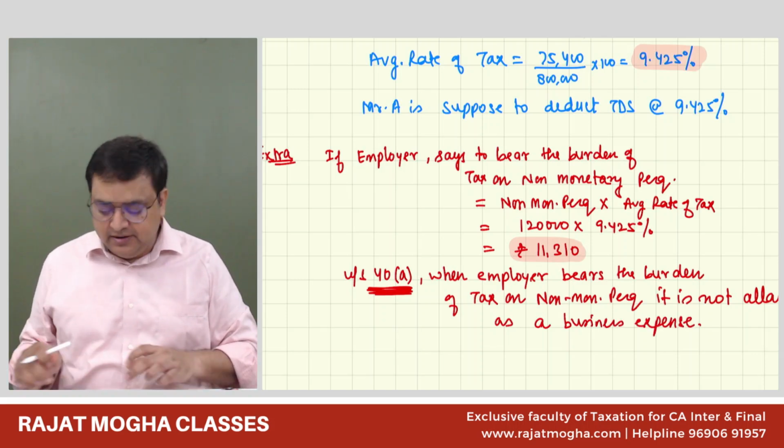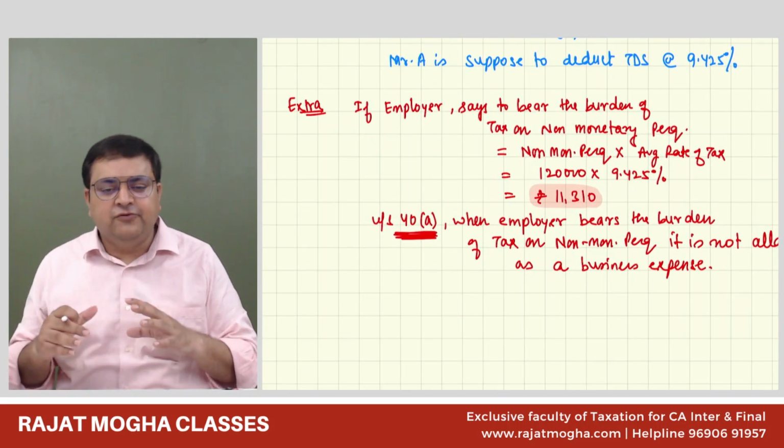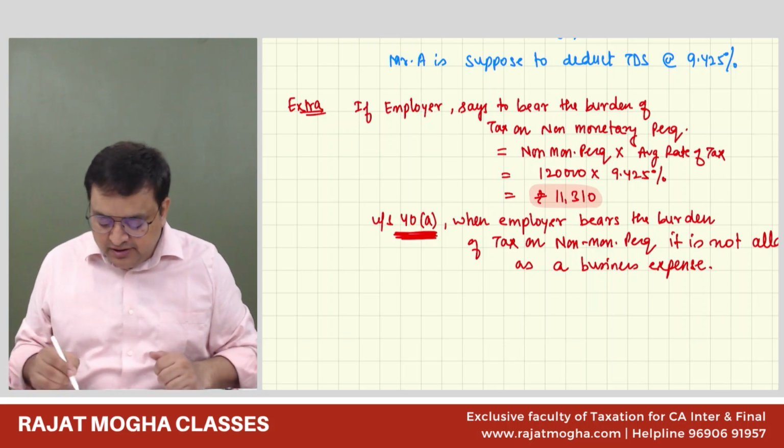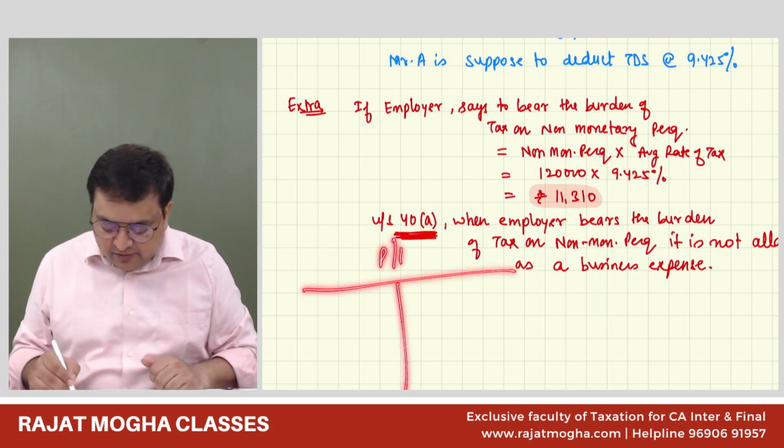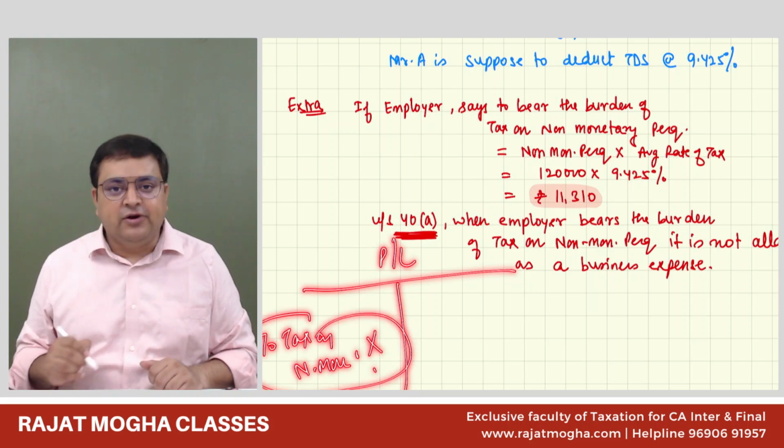So we don't allow it. So guys, please do remember, whether the question is of total income or any other question, wherever you see in the P&L account of the assessee that he is paying tax on non-monetary perquisites, please don't allow it. 40(a) will not allow it.